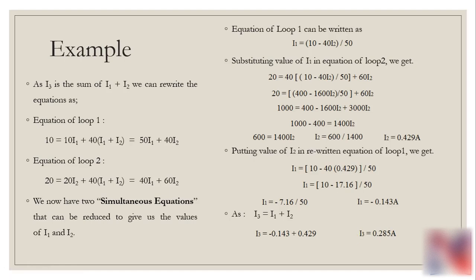Now we can calculate the voltages as well, as we have the values of I1, I2 and I3. For R1 we will have I1 R1, for VR2 we will have I2 R2, and for R3 we will have I3 R3.